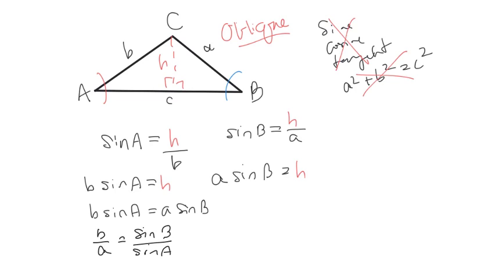So in this case, I've strictly speaking set up a ratio whereby my sides are on one side and the sines of the angles are on the other side. And the way that I like to do it is I always like to write the larger number in the numerator.